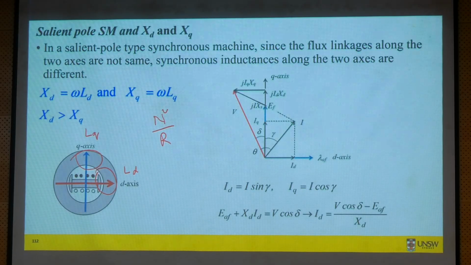So a small air gap means low reluctance, and low reluctance means you have a high LD, compared to a large reluctance in the Q axis and a smaller LQ. So for a conventional salient pole machine, LD is bigger than LQ. Now let's take the case of a PM machine.